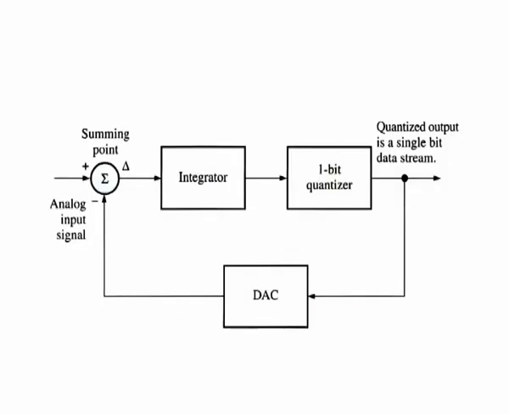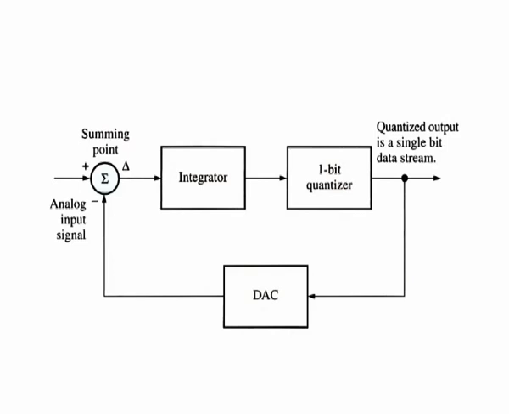The figure here shows the basic block diagram of the conversion process. The analog input signal and the analog signal from the converted quantized bit stream from the DAC in the feedback loop are applied to the summation point.